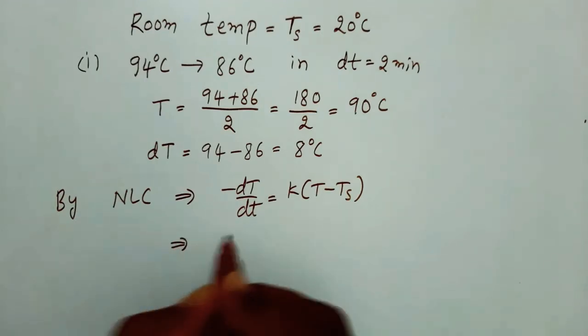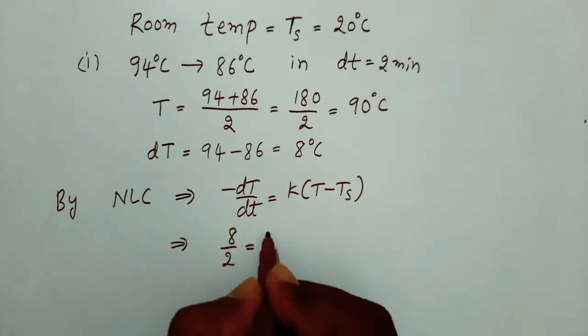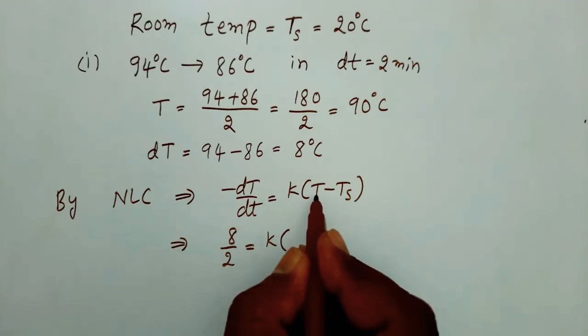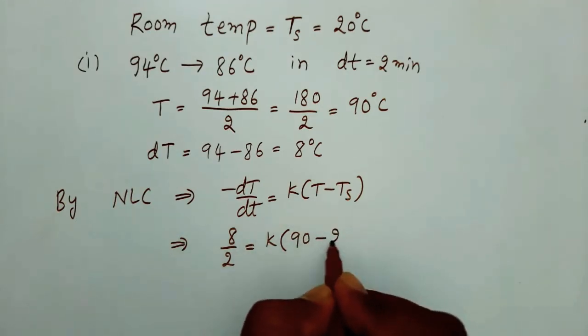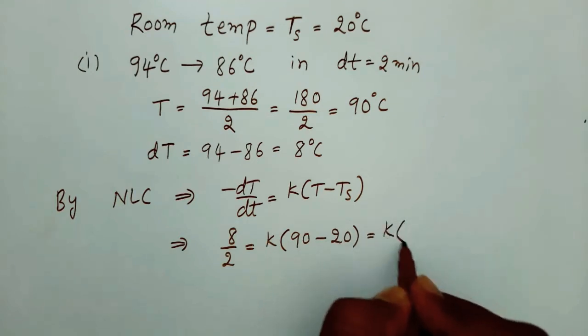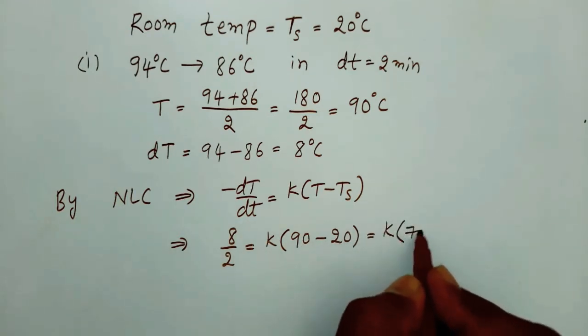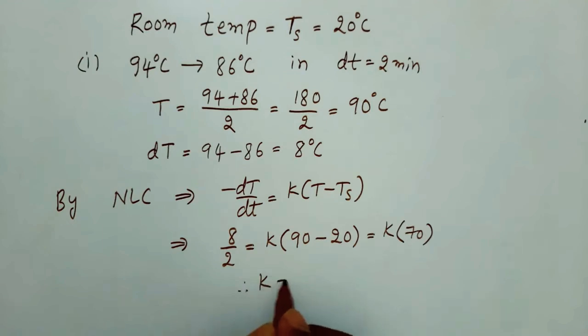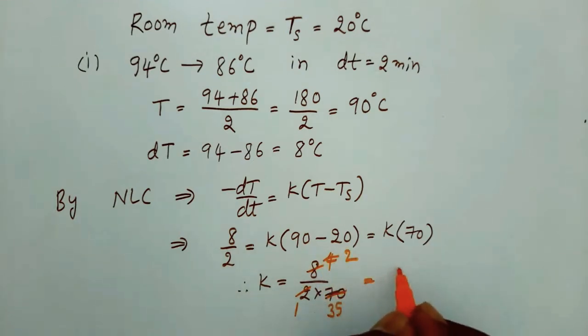So 8 by 2 is equal to K into 90 minus 20, that is 70. From this, K is equal to 8 by 2 into 70, so K is equal to 2 by 35.